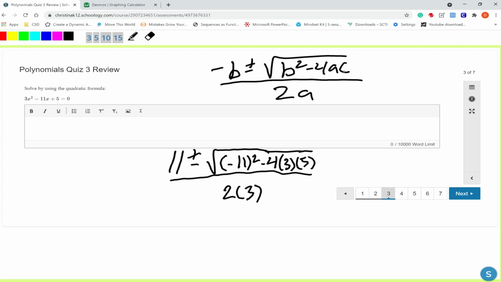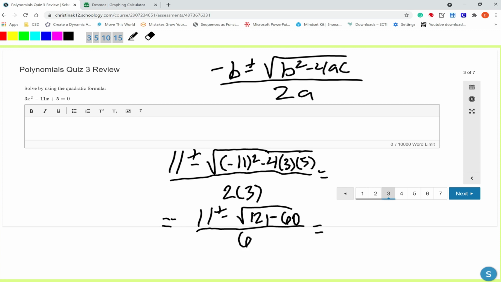From here we just simplify. So it'll be, let's go to the next line. 11 plus or minus square root, 11 squared is 121, and 4 times 3 is 12, times 5 is going to be 60. So minus 60, all this over 6.